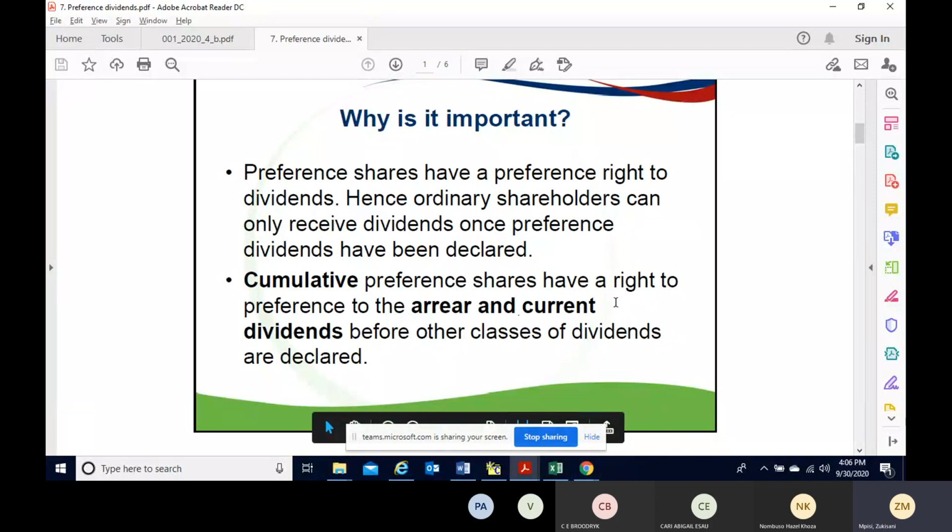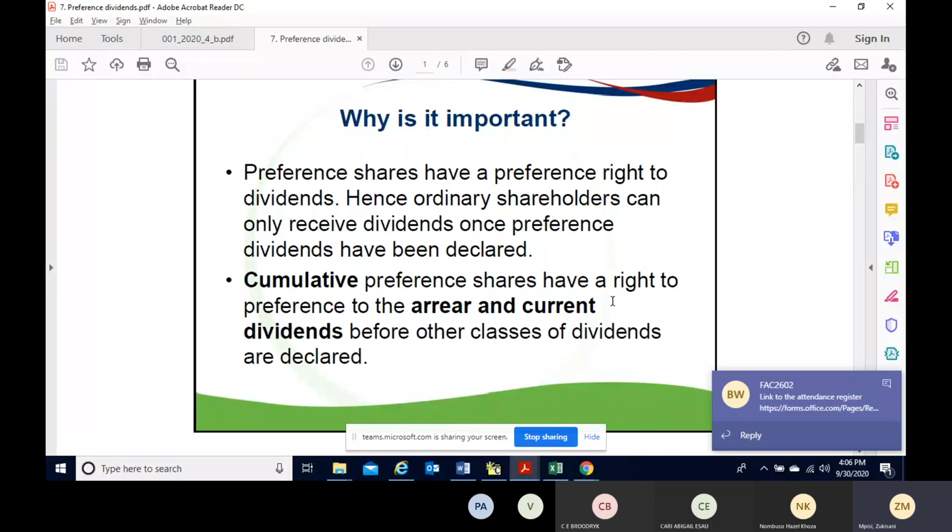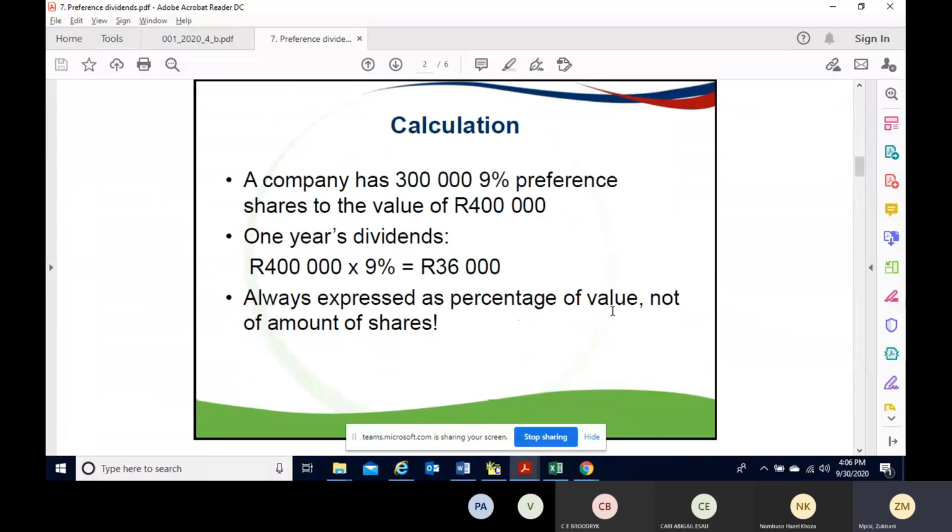Cumulative preference shares have a right to preference for the arrear and current dividends before other classes of dividends are declared. So if any dividends are not paid because profits are not available, the cumulative preference shares will always have a preference right over any other classes of dividends that are declared.